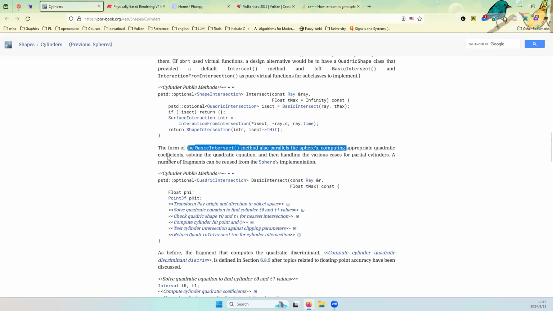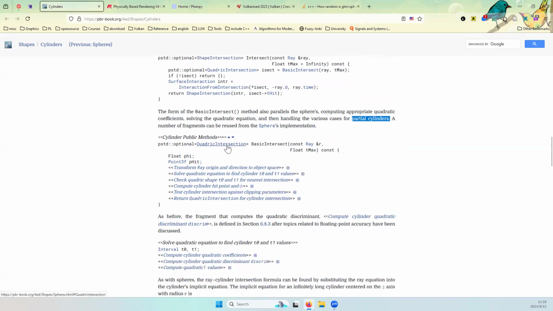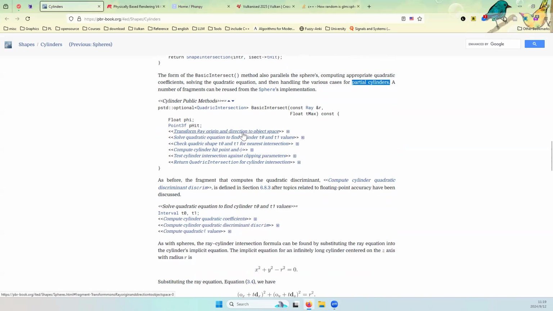Compute the quadratic coefficients of the quadratic equation and then handle various cases for partial cylinders. As before, the fragment also computes the quadratic discriminant.